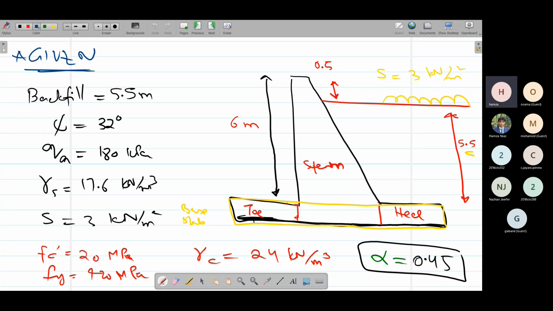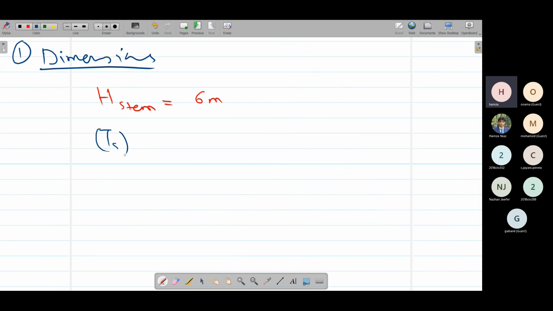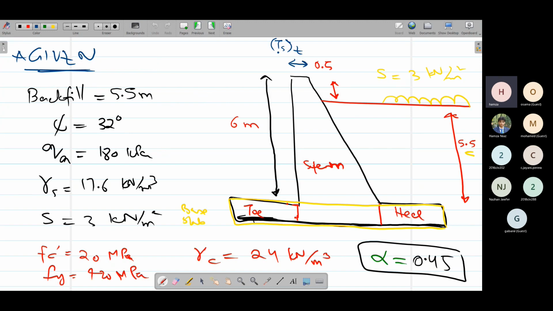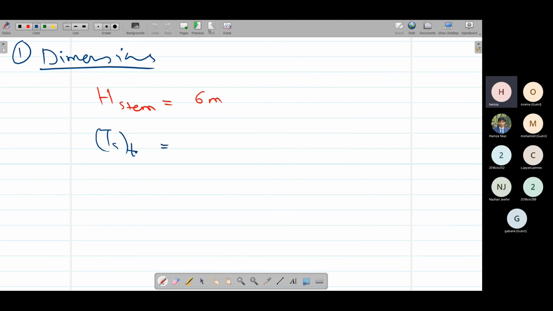The second thing is the thickness of stem at the top. So this is T stem at top. For the top, we know that there is zero bending moment and shear force at the top. So for this zero bending moment, ACI has recommended a minimum thickness of 0.2 meter.